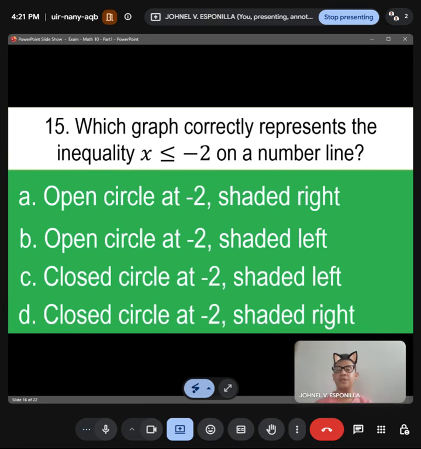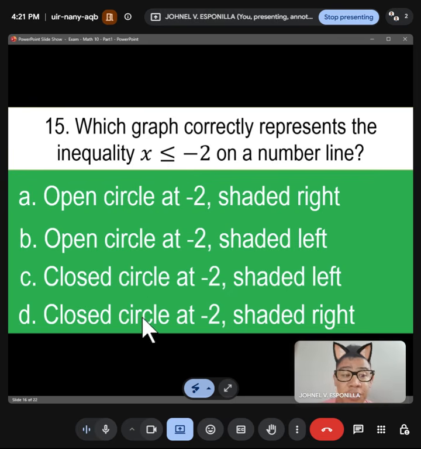15. Which graph correctly represents the inequality x is less than or equal to negative 2 on a number line? 5 seconds go. Okay, since the inequality symbol po na ginamit is less than or equal to, since may equal to, yung circle po natin is closed.